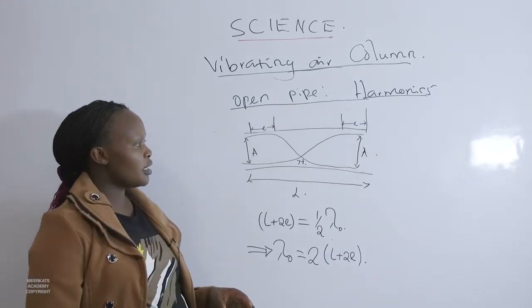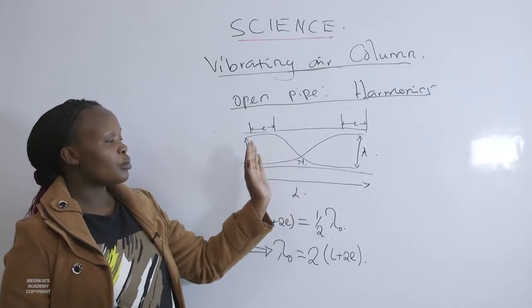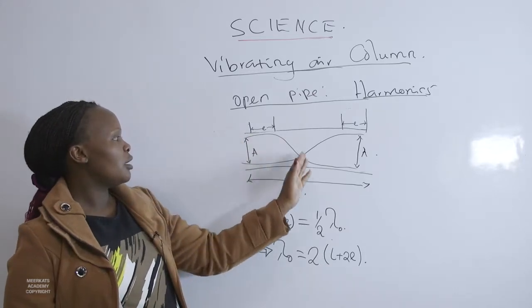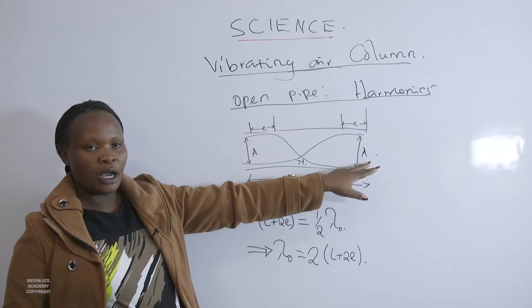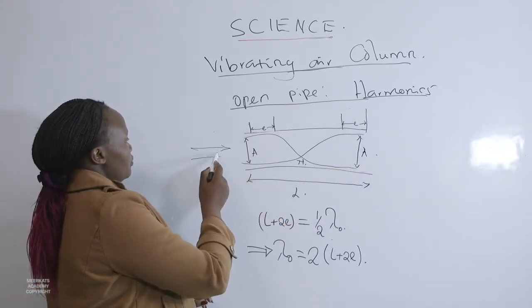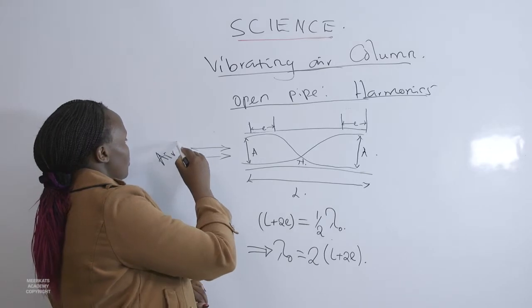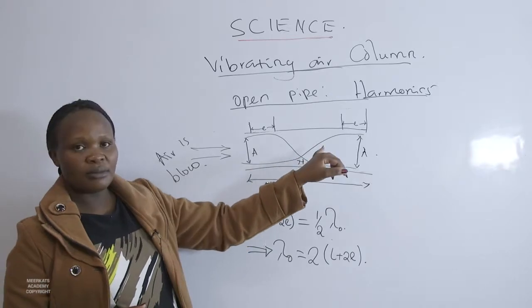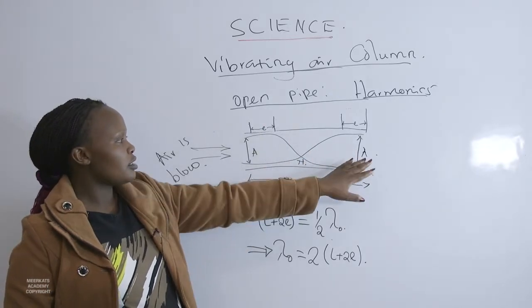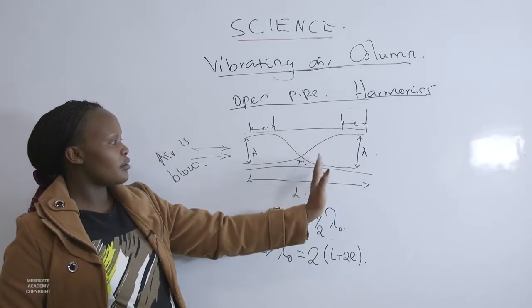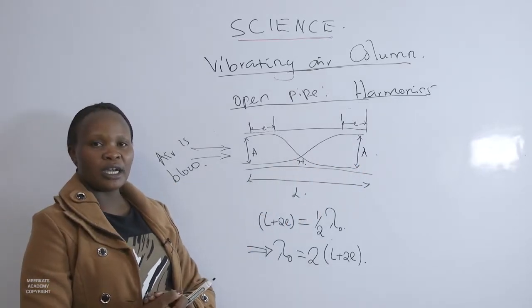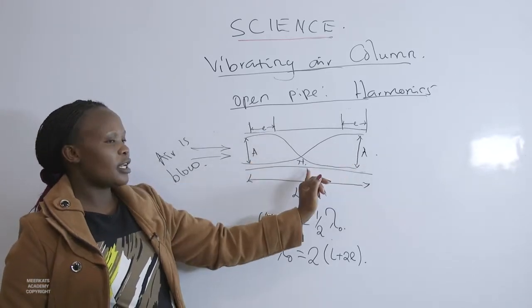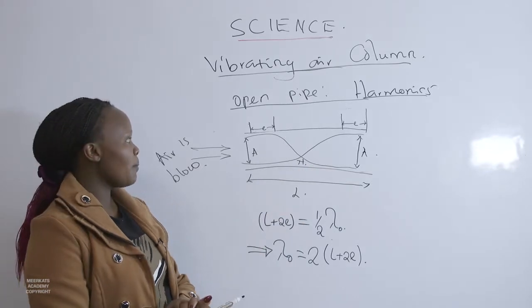Probably we can revisit what we have discussed up to that bit and find out what we mean. We are saying that we are blowing air softly to produce the simplest possible wave. This wave is the simplest we can afford. It reaches the other end and is reflected. That way we are guaranteed of a stationary wave with antinodes on both ends and a node somewhere at the center.